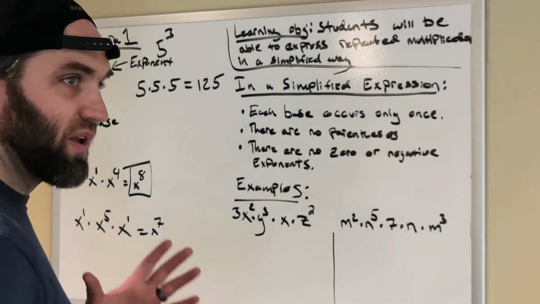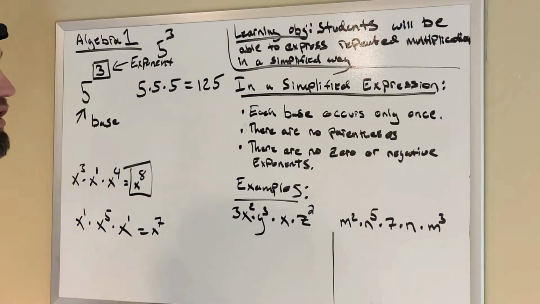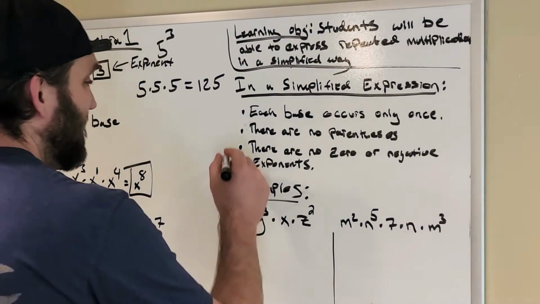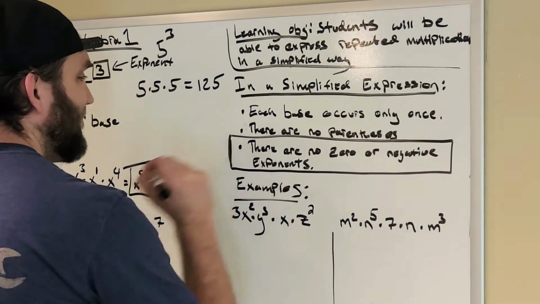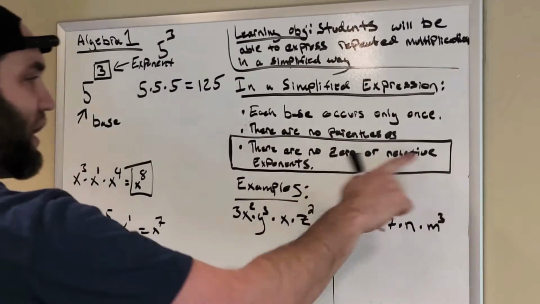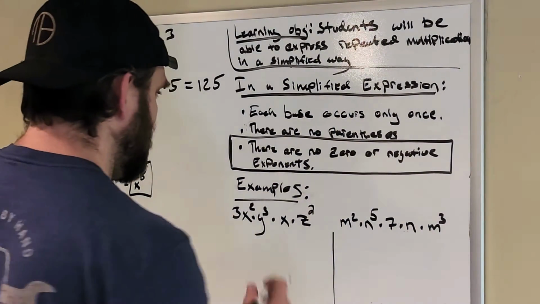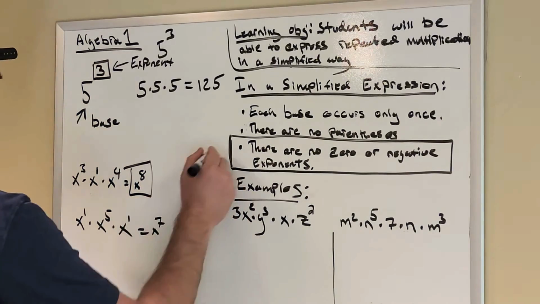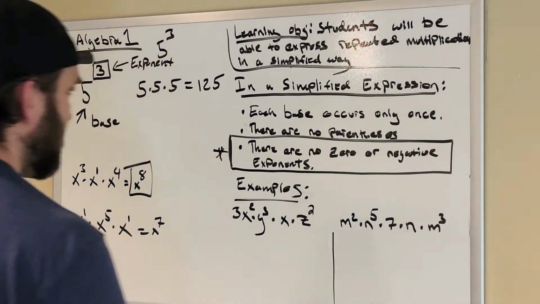We can get rid of parentheses, we can multiply whatever's on the outside of the parentheses by what's on the inside of the parentheses. And there are no zero or negative exponents. This piece here, we're going to get to later on and talk about what zero exponents and negative exponents are, but just know that that's part of creating a simplified exponential expression. We're not going to get to that today, so we're just going to put that off to the side and not worry about that right now.